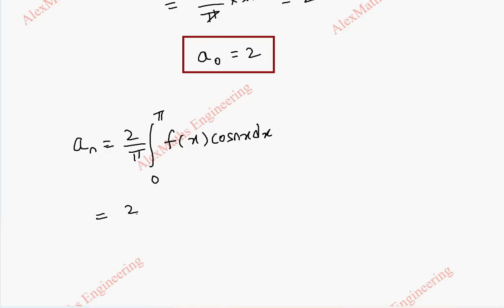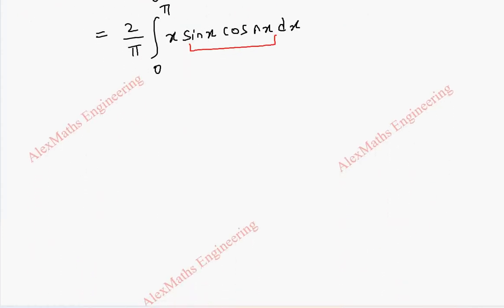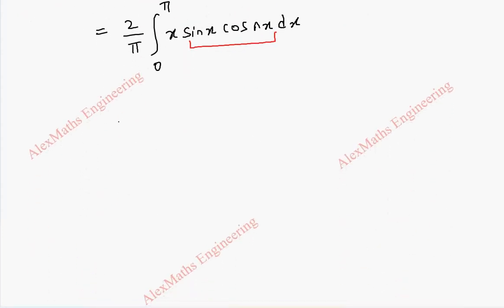So this is 2 by pi integral 0 to pi x sin x, we replace f of x, then we have cos nx dx. Usually we write the n term as the first term, so we are going to rewrite this: 2 by pi integral 0 to pi x into cos nx into sin x.